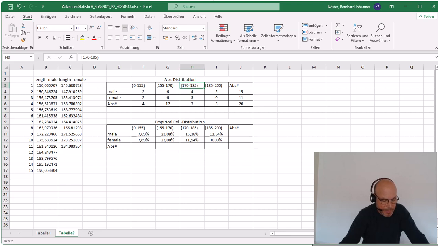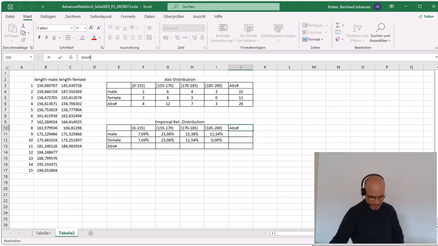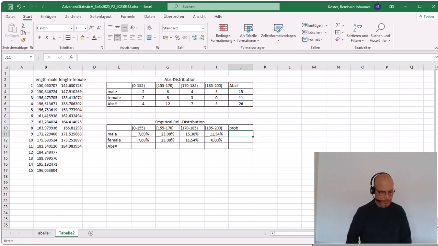These are three people, and therefore 3 over 26 is 11.54%. So this would be then not the absolute values, but the probabilities.